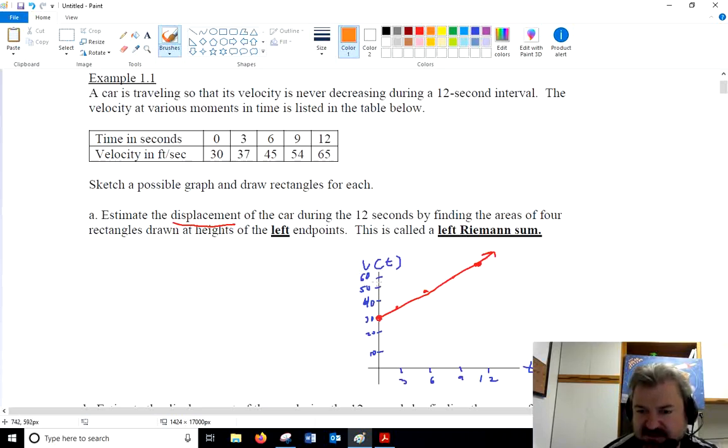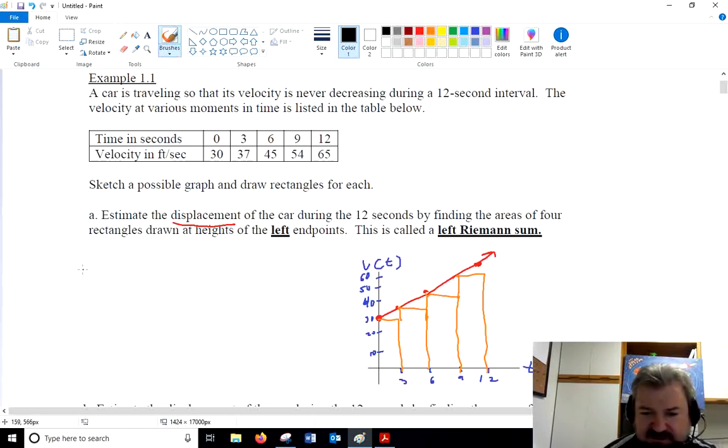And if I take the left endpoint of each section and use that as my height, I get a pretty good representation of this.